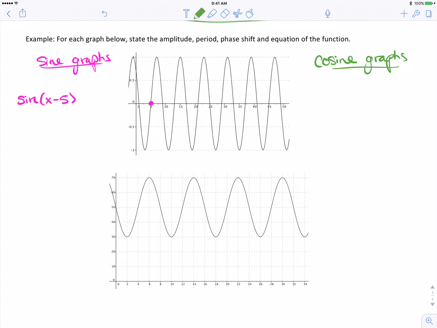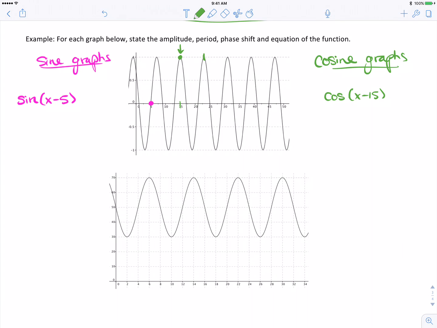If I wanted to think of it as a cosine graph, because there's no one that says it's not, remember cosines start at the top. So maybe I could say this is the starting point. There are no wrong answers. Well, there are wrong answers, but there are lots of possibilities, is what I'm trying to say. Amplitude is still 1, cosine x minus 15. And if I look at the period, because that's what I want to see here, start at 15, goes all the way down and all the way up.